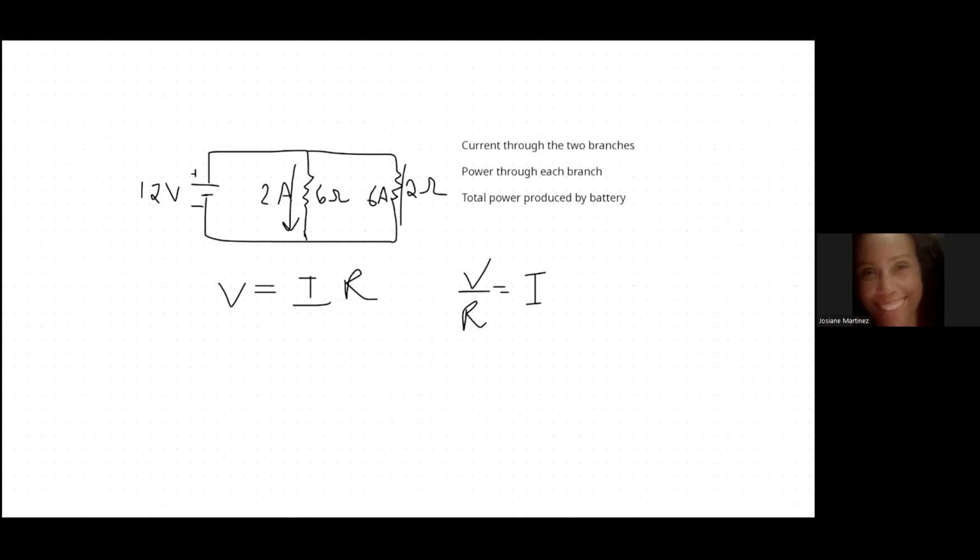Okay, so now we're ready to do the power through each branch with simple multiplication. You can use any form of the Joule's law formula. We have resistance and current, but we also know the voltage. So I will do the simplest form of voltage times current. So in this first branch, I've got 24 watts.